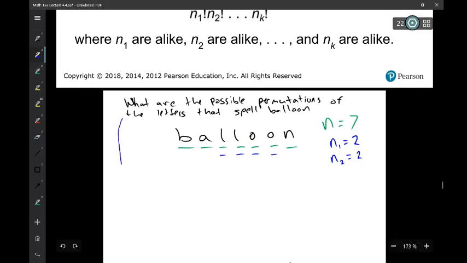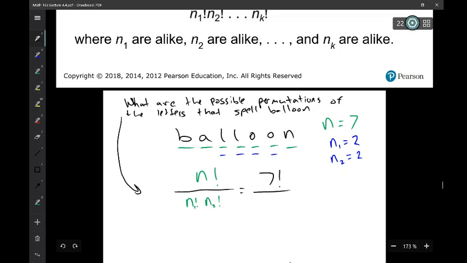So the answer to this problem will be n factorial over n1 factorial, n2 factorial.